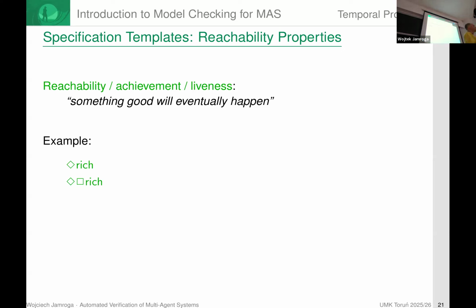Or maybe this should be preserved. The trace of the vote in the election system has to be preserved forever, or at least until some point in time. So coming back to reachability or achievement requirements, they are typically specified mainly using the sometime in the future operator, but of course possibly in combination with other operators.